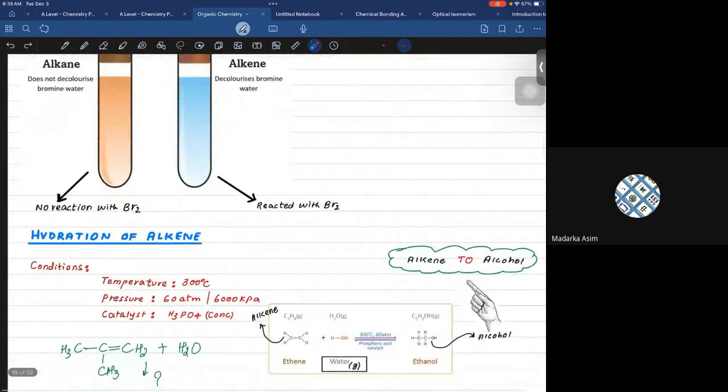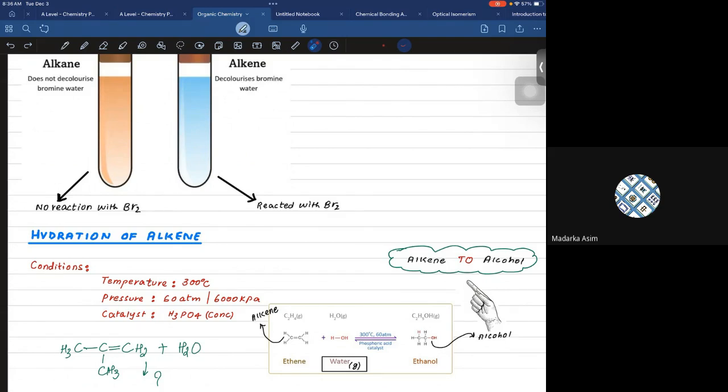The temperature should be 300, because again I'm saying that these things you cannot do at room temperature, at normal conditions. No, it's not possible. You are supposed to provide special conditions, so that you would see the product.